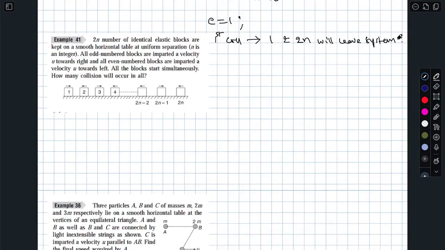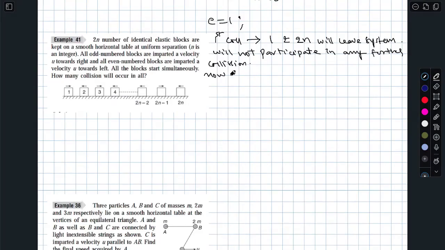They will not participate in any further collision. Now, how many blocks are available right now? 2n minus 2 blocks.